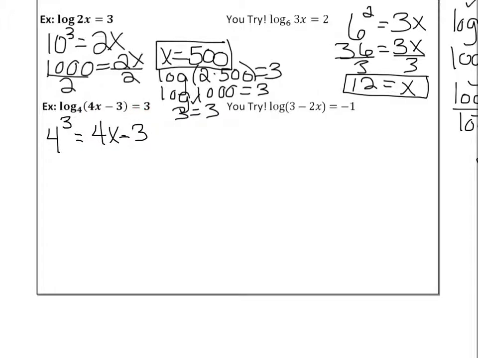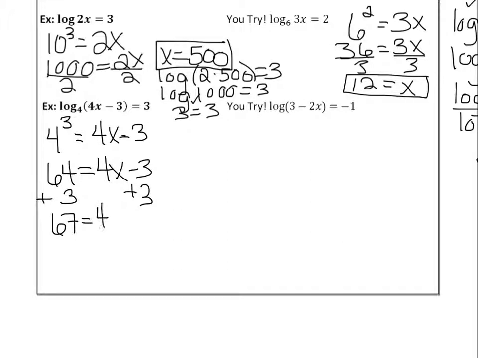Well, 4 to the third is 64. Add 3 to both sides. 67 is equal to 4x. Divide by 4. So x is equal to 16.75.